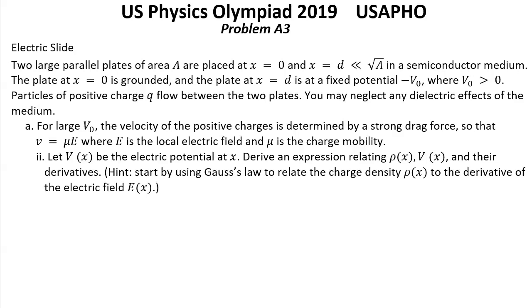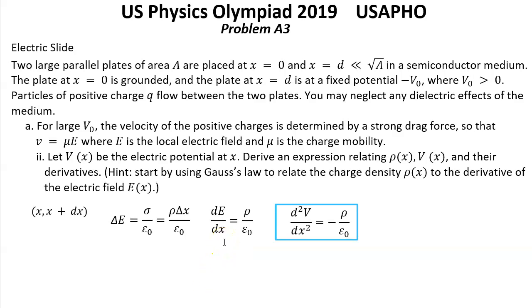Again, if we take the same slice between x and x plus dx, according to Gauss's law we have a jump of electric field dE equal to sigma over epsilon 0, which is rho dx over epsilon 0. From here, dE over dx equals rho over epsilon 0, or the second derivative of potential V with respect to x equals negative rho over epsilon 0. That's the answer for question 2.